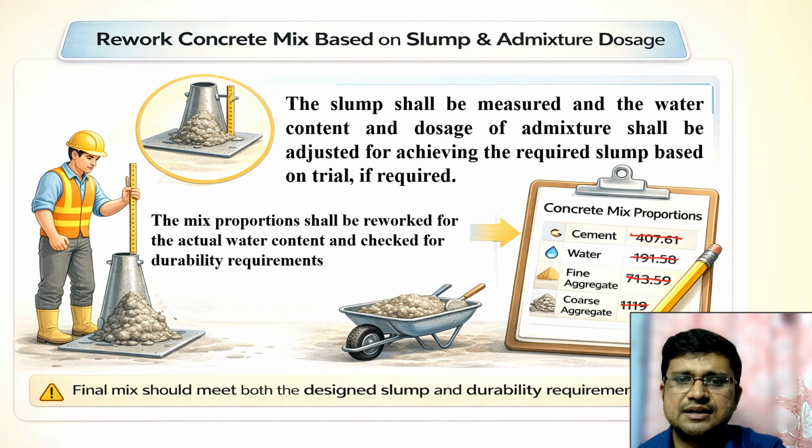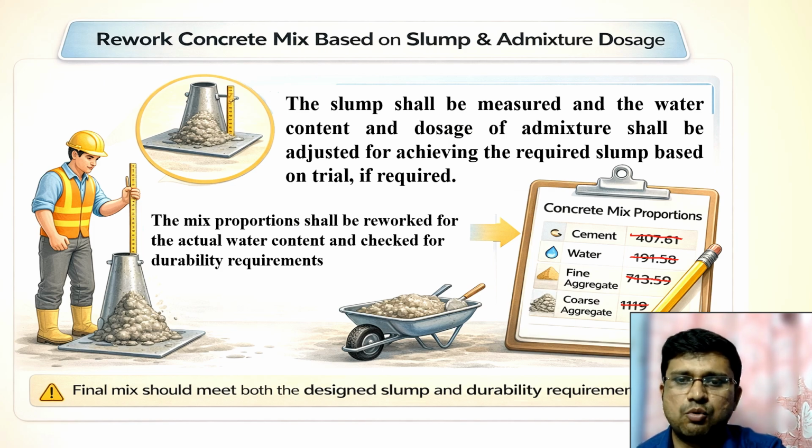So what is the correct approach? We should keep the water-cement ratio constant. If we increase water, we must increase cement also proportionally so that water-cement ratio remains constant. And if we decrease water, we must decrease cement in the same proportion so that the water-cement ratio also remains the same.